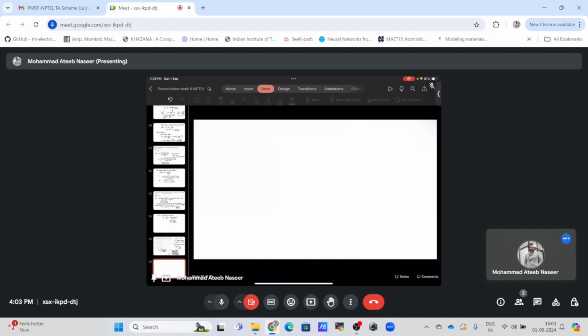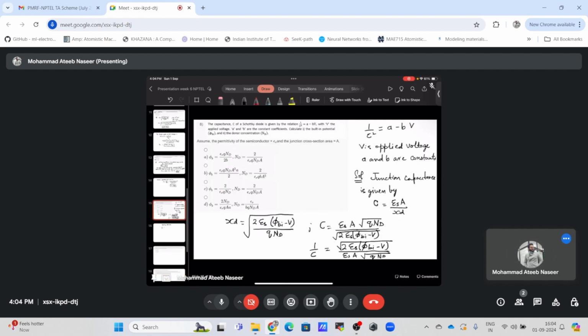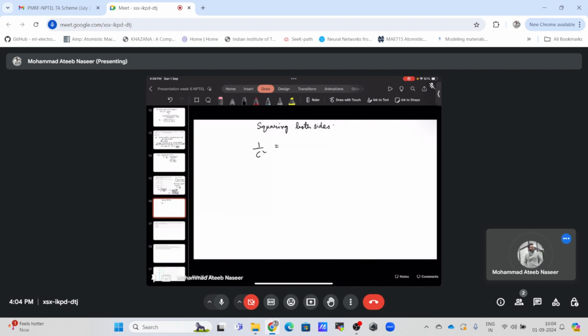Now squaring both sides, we get 1 by C square equal to 2 times epsilon s phi bi minus v by epsilon s square A square q Nd.